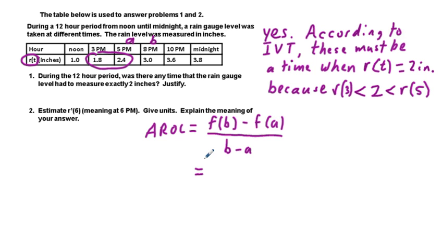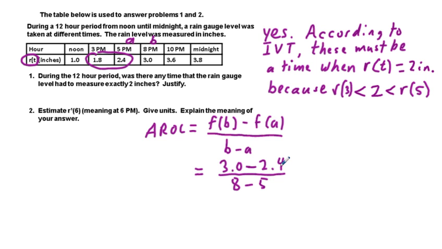So we're going to say here we have the value of, looks like 3.0 minus 2.4 over, we have the hours here, 8 minus 5, and we don't have to simplify any further than this.